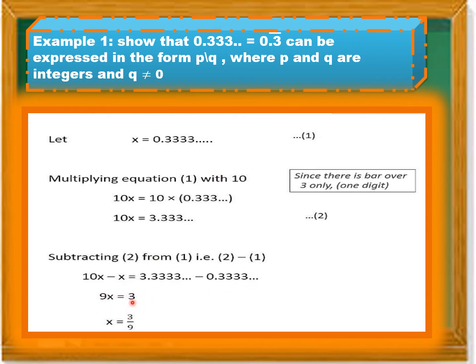When the 9 comes to the other side, as it is multiplication here, it will come as divided by 9. So x is equal to 3 by 9. This is the rational form of 0.3 bar. You can also simplify this number: dividing by 3, 3 by 3 is 1 and 9 by 3 is 3, so you get 1 by 3. So the answer will be 1 by 3 or 3 by 9, and we got the rational form of 0.3 bar.